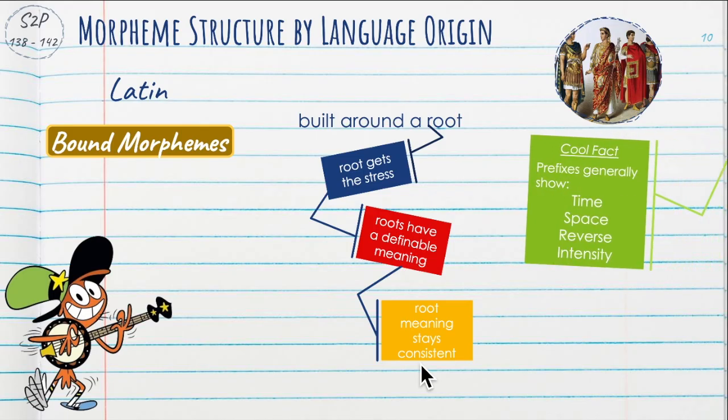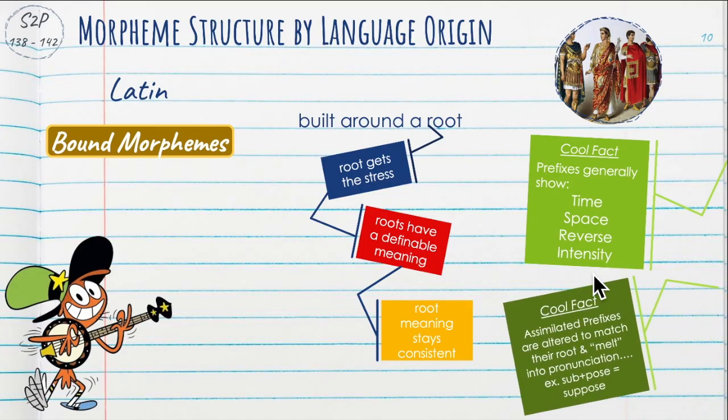Okay? Now, prefixes generally show a sense of time, before, after, a sense of space, kind of here, there, up, down, reversing it, turning around, undoing it, or intensity. So that's one way you can help classify some of these prefixes, is that all of these different prefixes are going to show some kind of condition that deals with that.